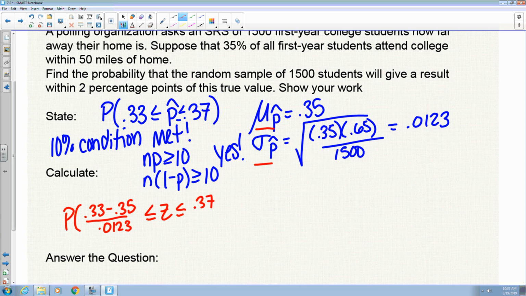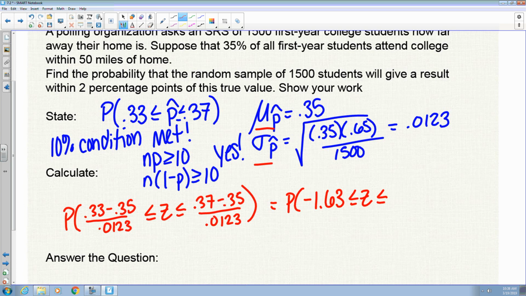We have 0.37 minus 0.35 all over 0.0123 again. And our z-scores are negative 1.63 and positive 1.63.